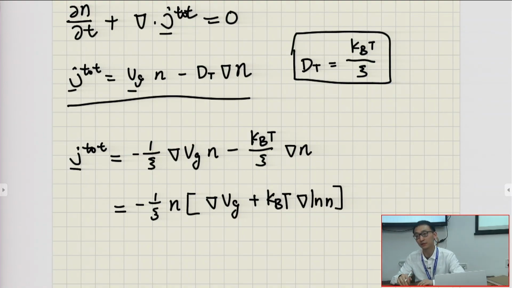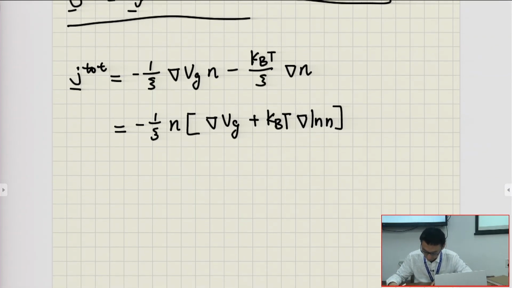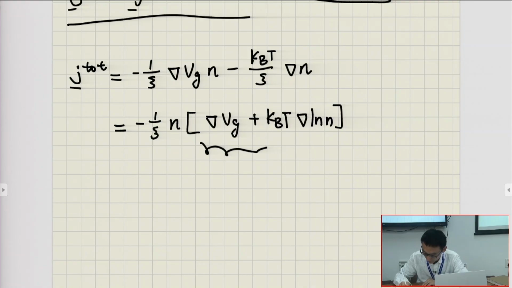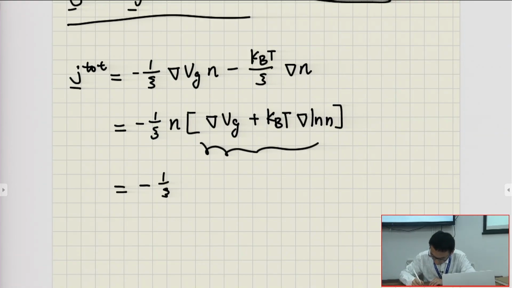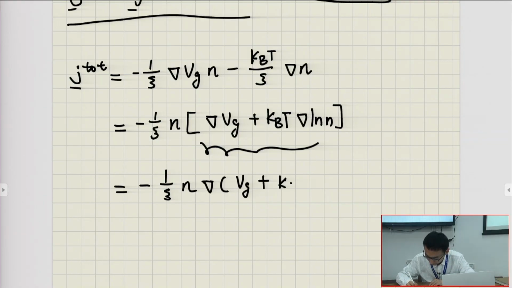So n times gradient of log n, that's just grad n. Okay, so that's interesting because let's look at this whole expression here and factor out the gradient. So I have 1 over psi, the density, times the gradient of the gravitational potential plus kBT times log n.